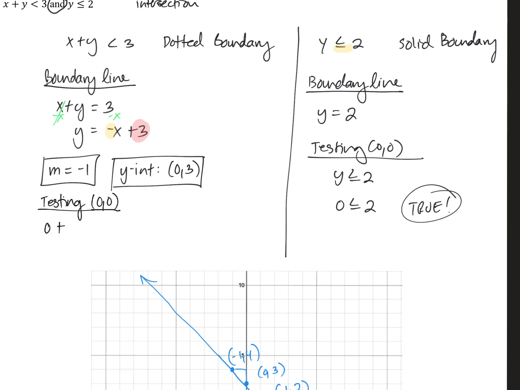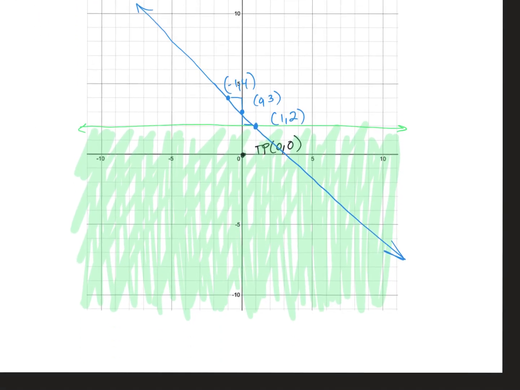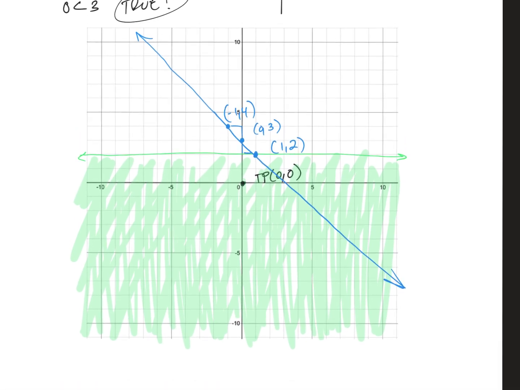Okay, so we're doing 0 plus 0. Is that less than 3? Once again, I plugged in 0 and 0 for x and y. So then I have 0 is less than 3. Is that true? The answer is yes, this is true. 0 is less than 3. Circle that. So since that is true, we'll shade the side that our test point came from, which is this side right here.